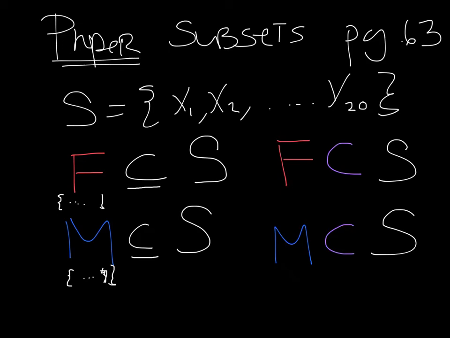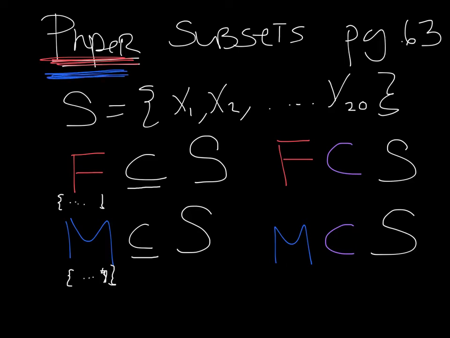I like this one just because this is saying this set is smaller than this set. This set is smaller than this set. And that's what proper subsets are. So our proper subsets in this case are the pink and the blue.